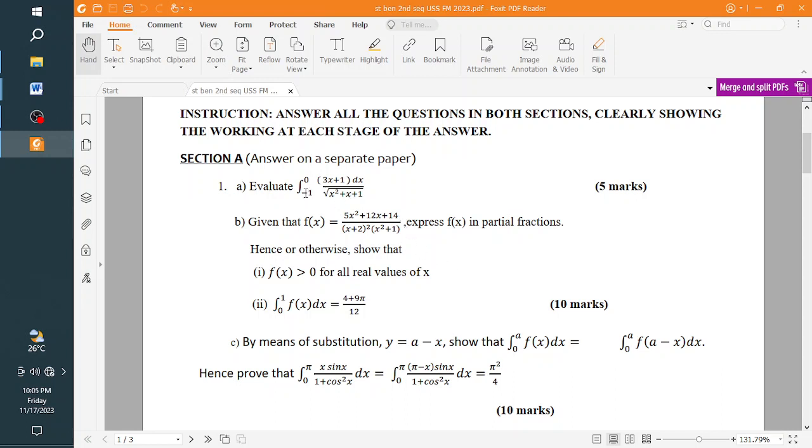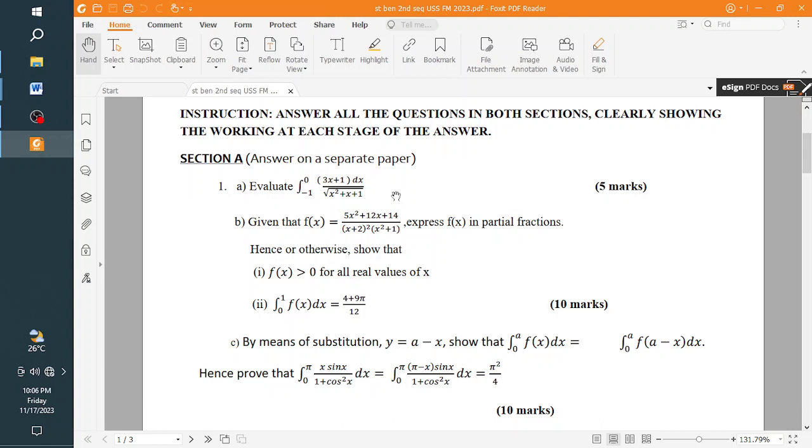Okay, so we are going to begin with the first question, which is asking us to evaluate the integral from -1 to 0 of 3x plus 1 divided by the square root of x squared plus x plus 1, with respect to x. Looking at this question, the first thing that comes to my mind as a teacher is to complete the square of the denominator, because I can see a square root, and then maybe use a hyperbolic substitution.